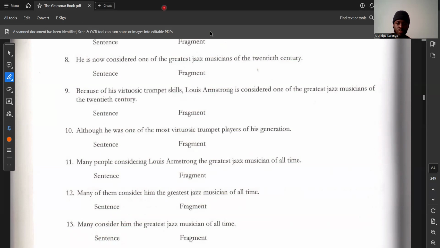He is now considered the greatest jazz musician, 20th century, sentence. Is now considered one of the greatest jazz musicians of the 20th century. What are we supposed to be? Sentence. Okay, we have a sentence there.